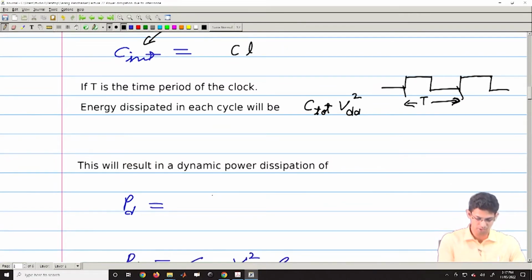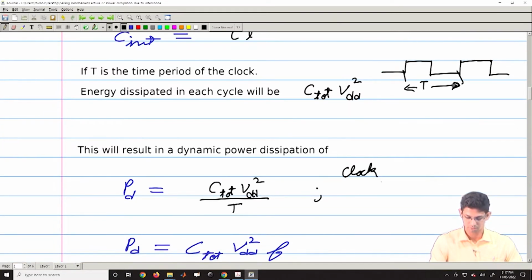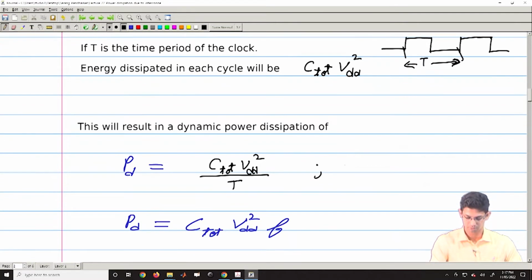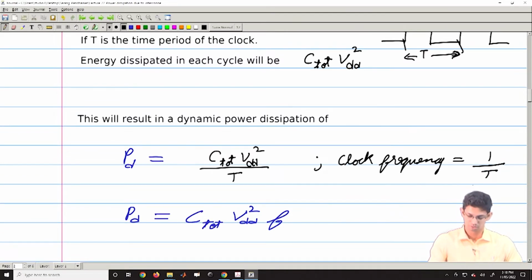So, PD would be, what is your energy lost? The power would be C total into VDD square divided by T, and your clock frequency is equal to 1 by T. So, you can write this as clock frequency f.